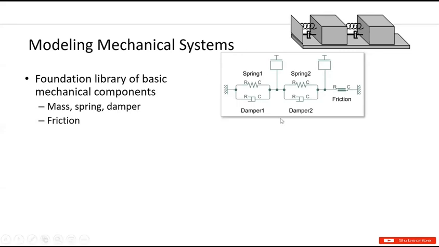Shown here is a double mass spring damper model. If you were to model this in Simulink, then you need to know the underlying differential equation of the mass spring damper and then you can simulate. But for a very complex system it's not practical to derive the equation of your system.